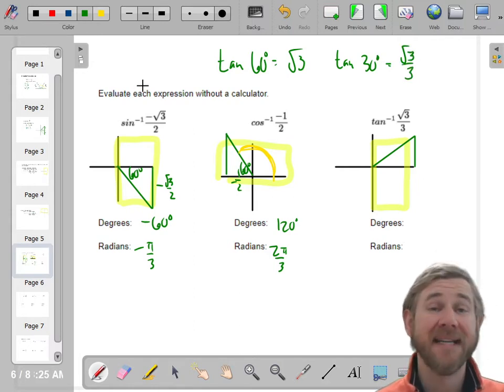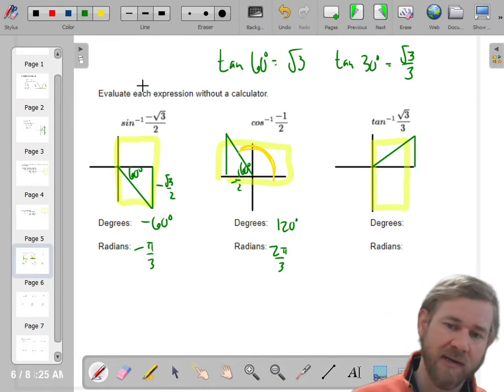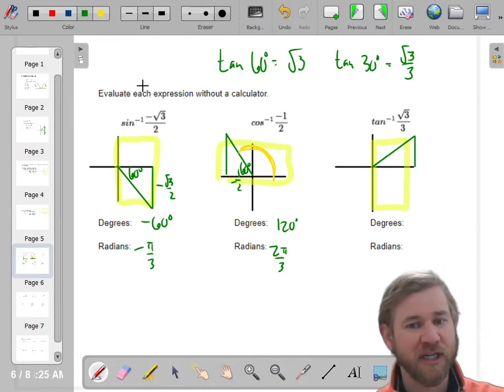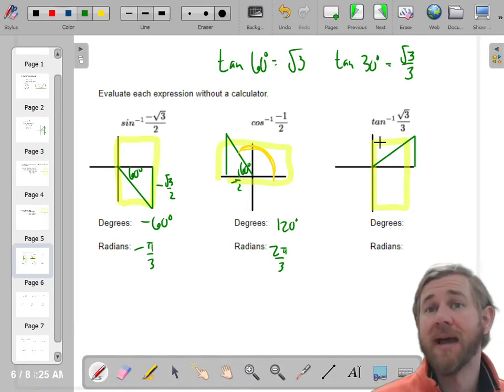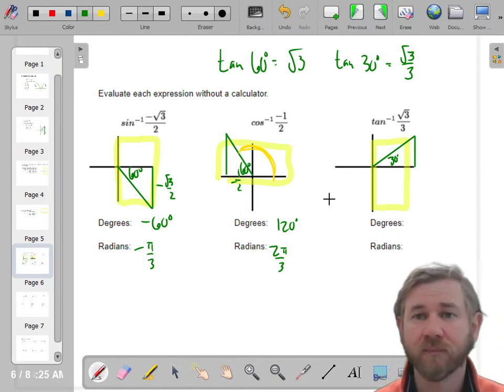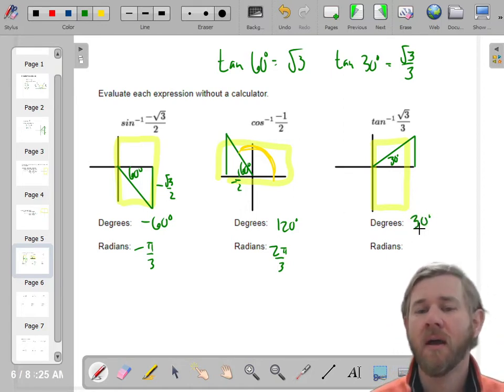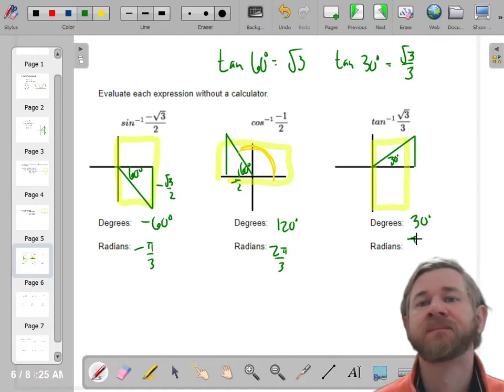It's going to be much easier for you to just have those memorized than it is to try and draw a triangle and then copy, change, flip every time, especially when you're working backwards. So when I see radical 3 over 3, I know that this is a 30-degree reference angle. This is 30 degrees, or in radians, pi over 6.